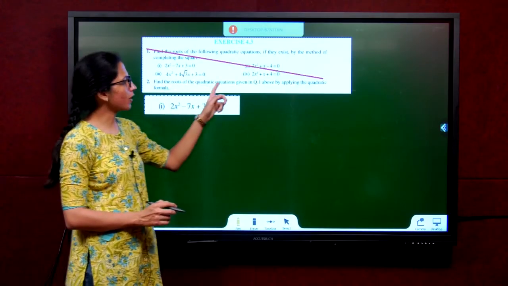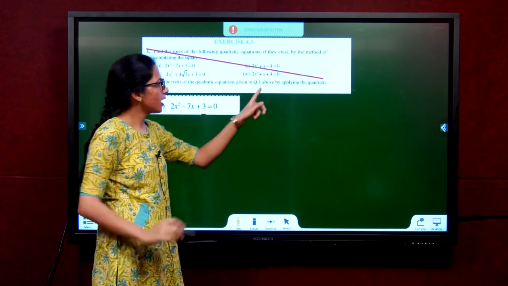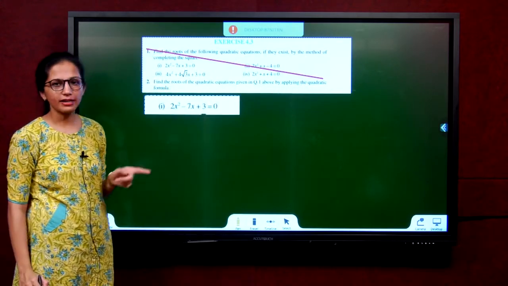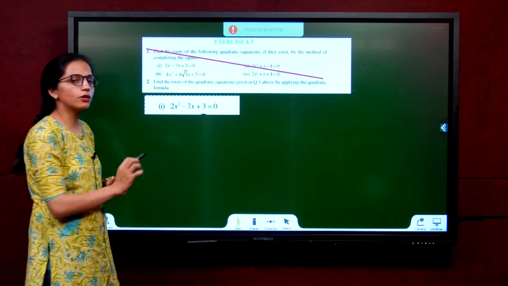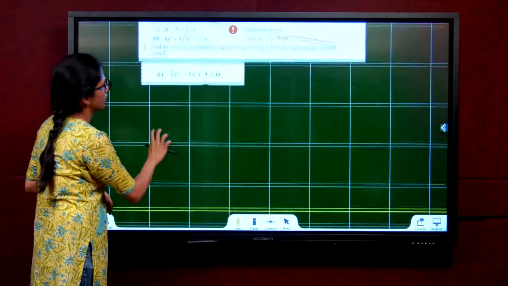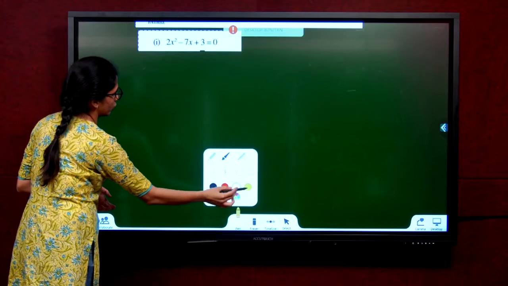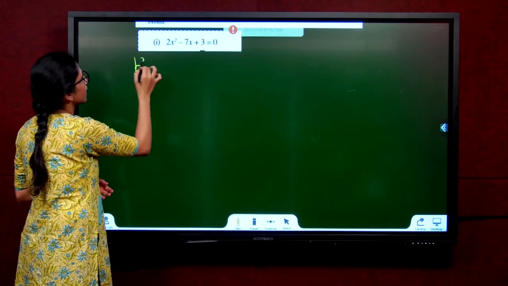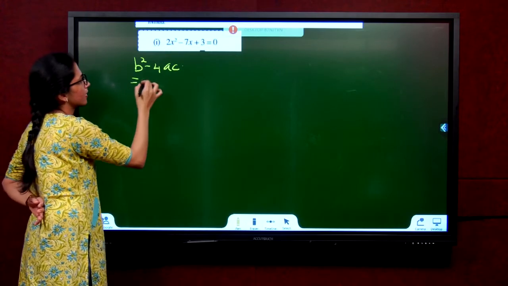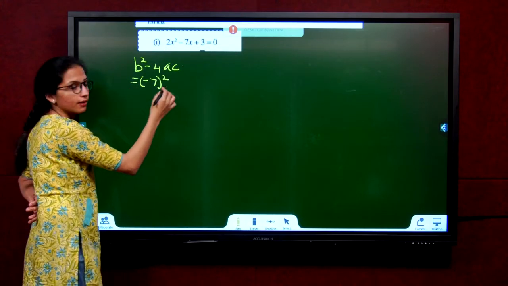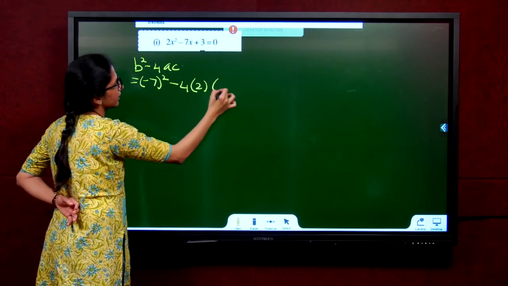Find the roots of the quadratic equation given in question 1. That means these questions itself, by applying the quadratic formula. So I have taken the first question and we will be solving that using the quadratic formula now. So first check for b square minus 4ac as usual. So b square minus 4ac is equal to minus 7 the whole square minus 4, a is 2, c is 3.